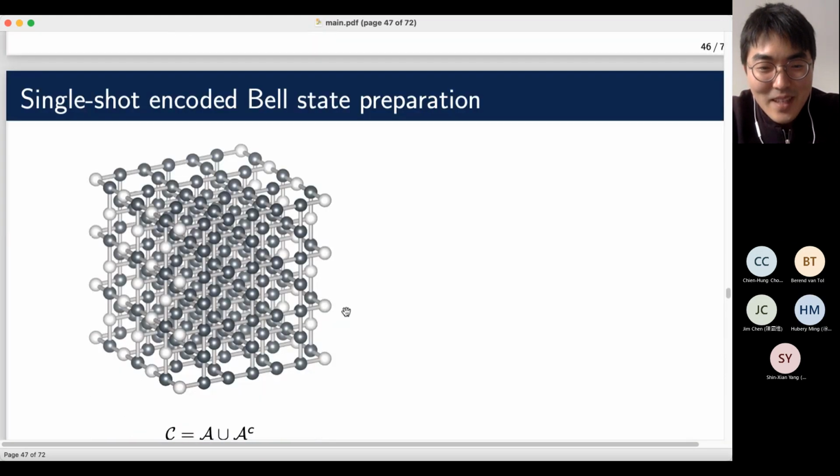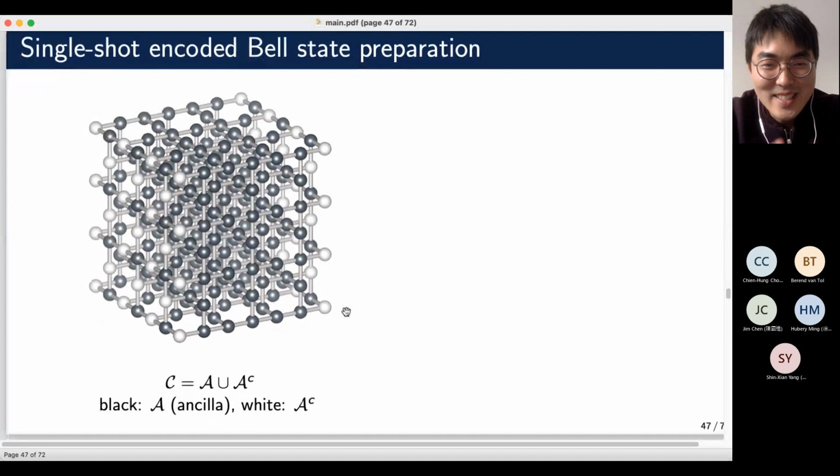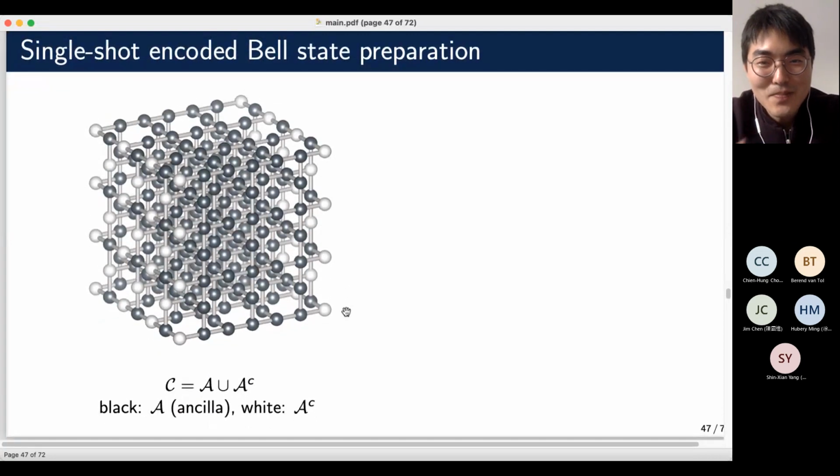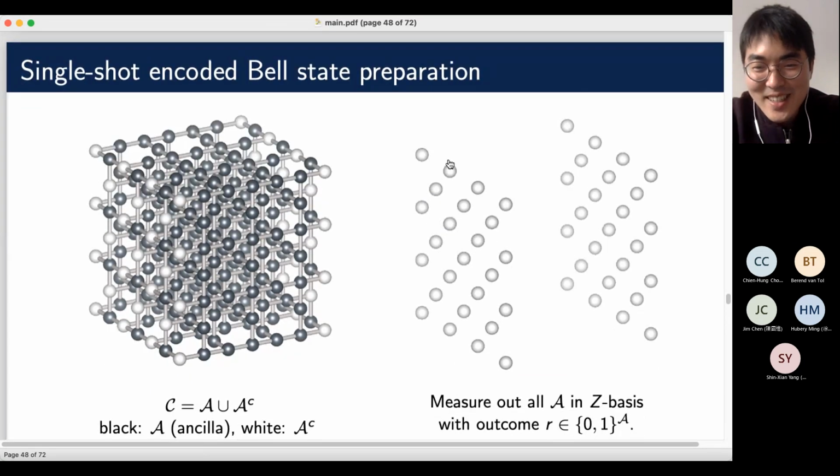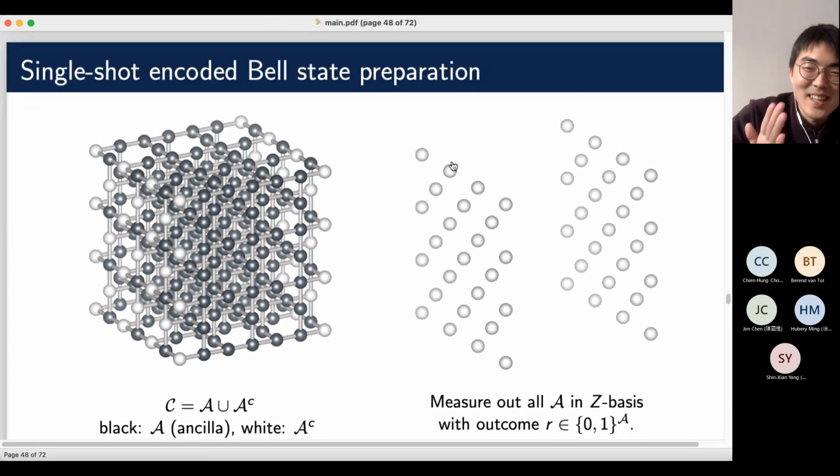In this diagram, this is the famous scheme by Raussendorf and other people. Measure all the black qubits, and then there are two sheets lying on the opposite sides of the cube.